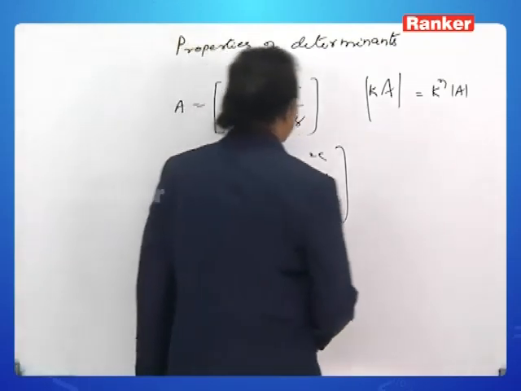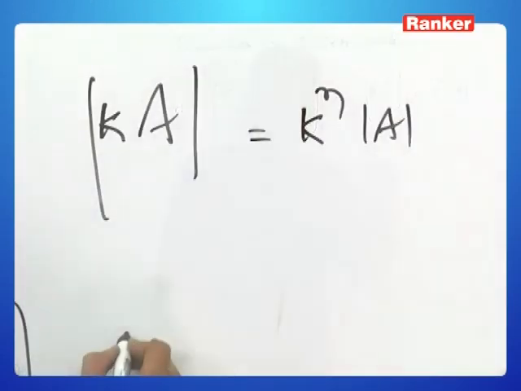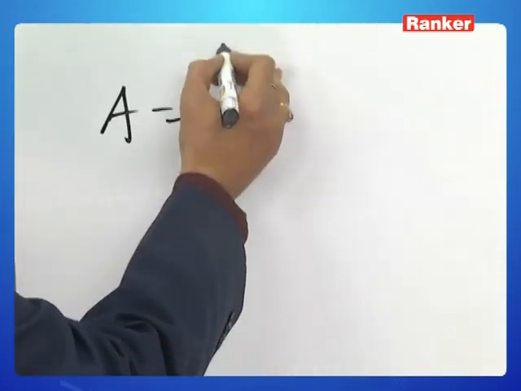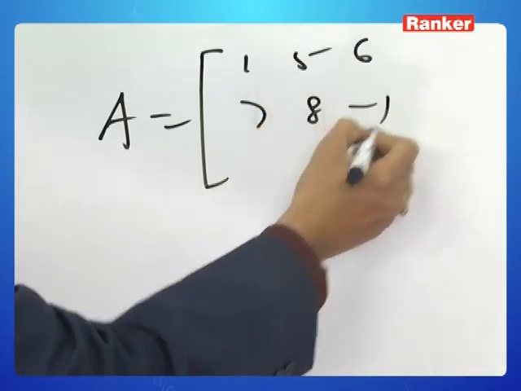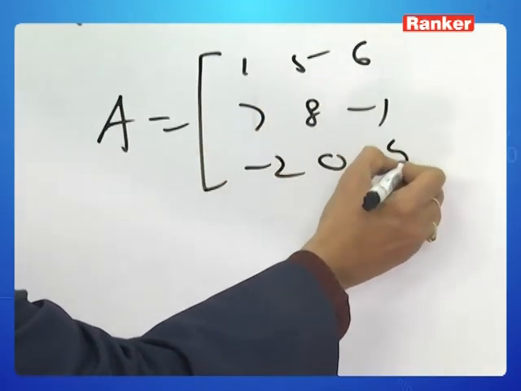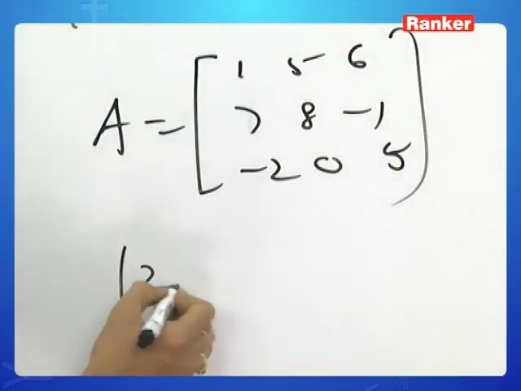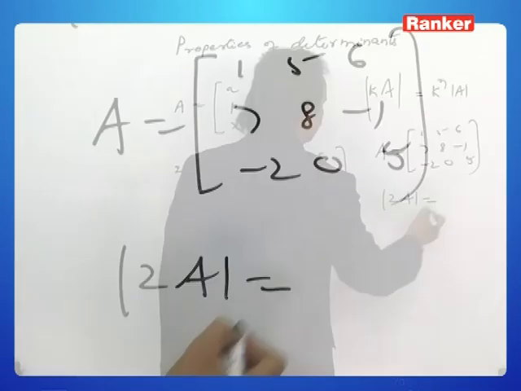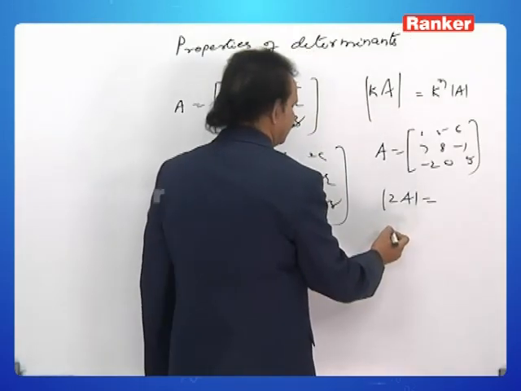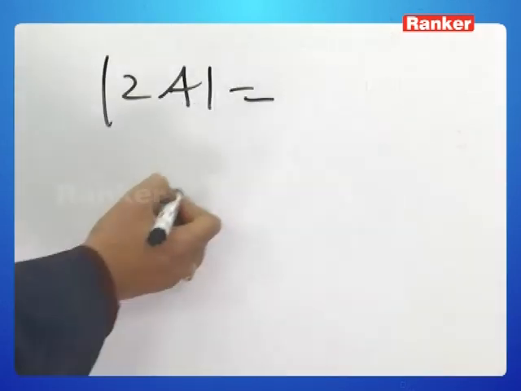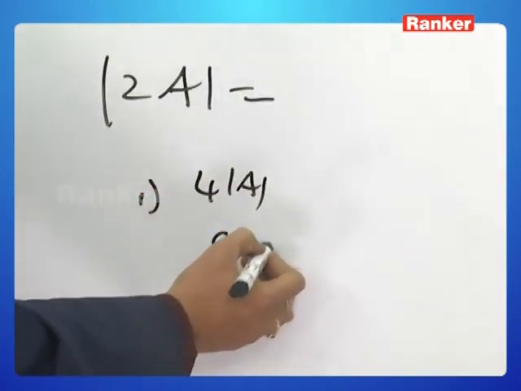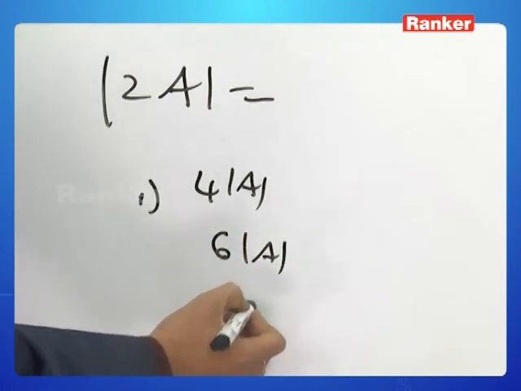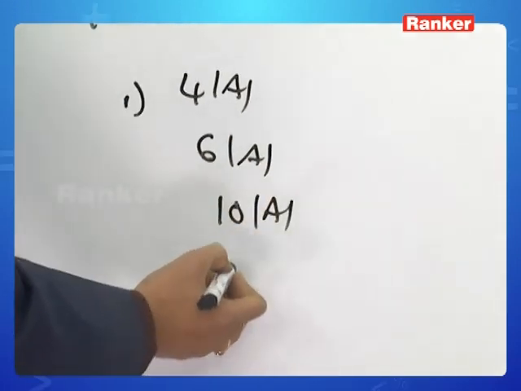Okay, right. I'd like to ask you one simple question. If A is equal to [1, 5, 6; 7, 8, -1; -2, 0, 5], then det 2A is equal to, first option, 4 into det A, second option, 6 into det A, third option, 10 into det A, fourth option, none.